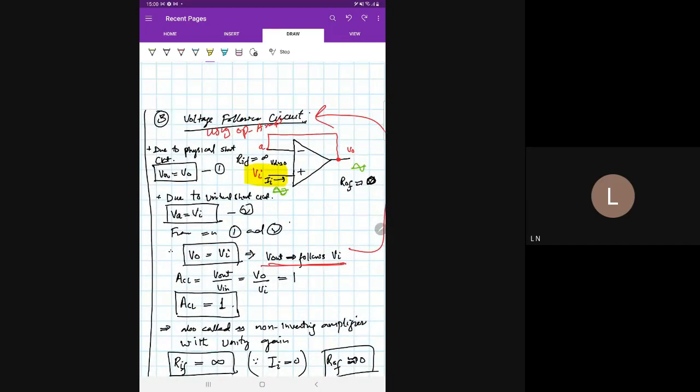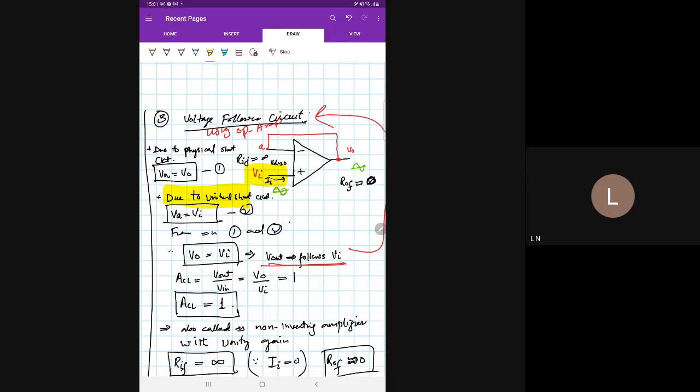Second thing, this was a physical short. Since there is negative feedback, there is a virtual short circuit also. In negative feedback circuits, one of the approximations is that there is a virtual short circuit present.